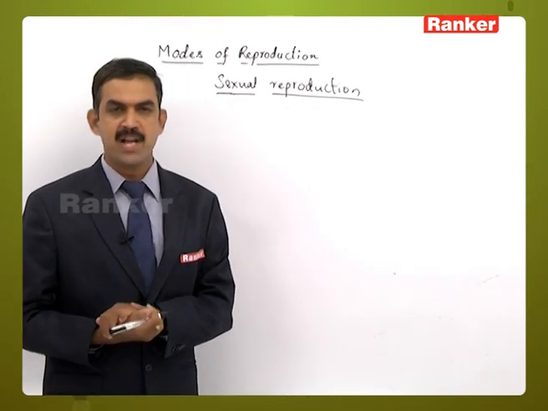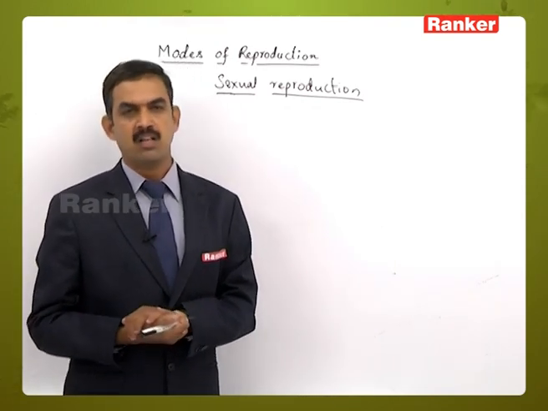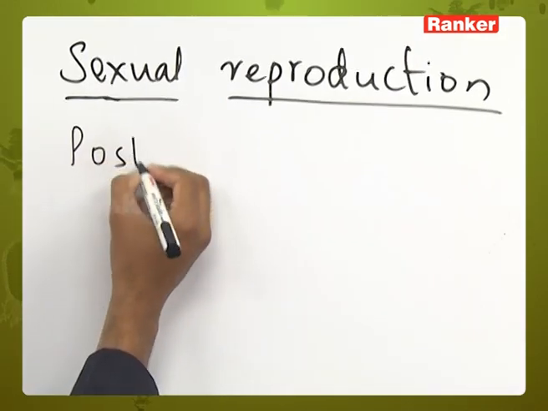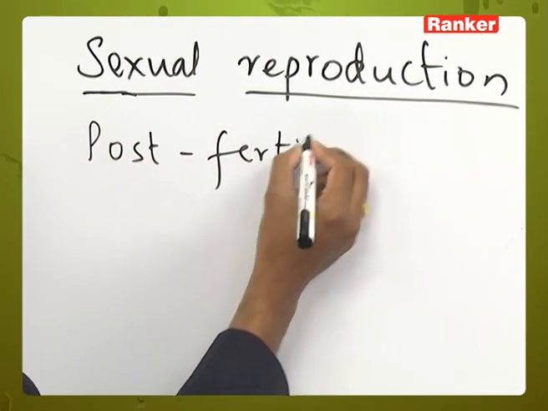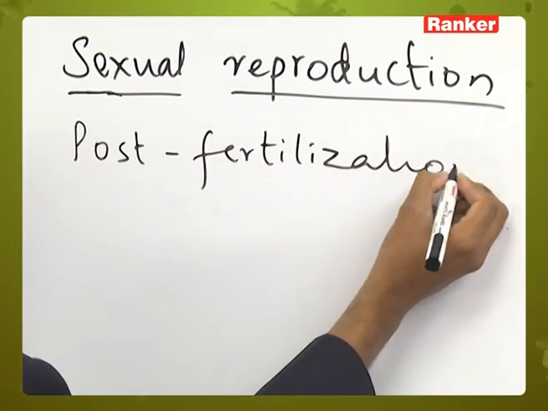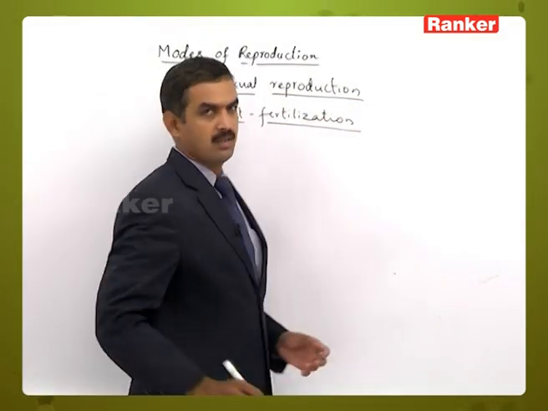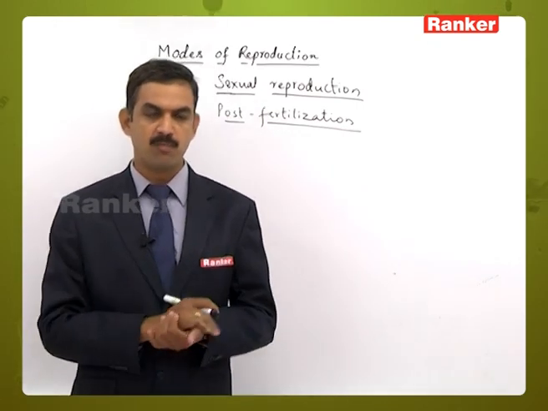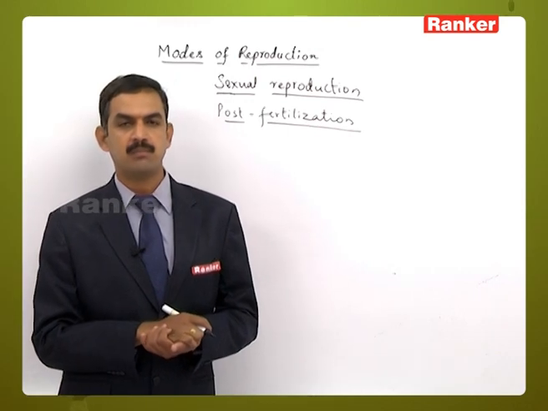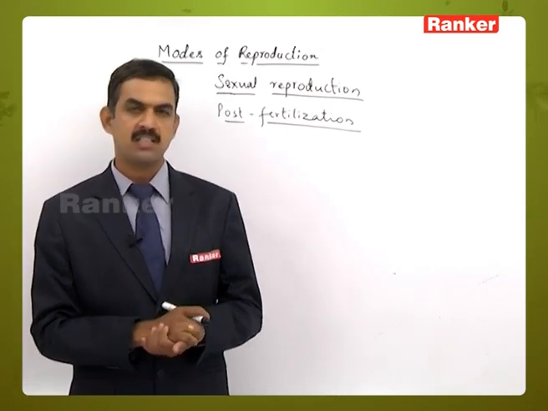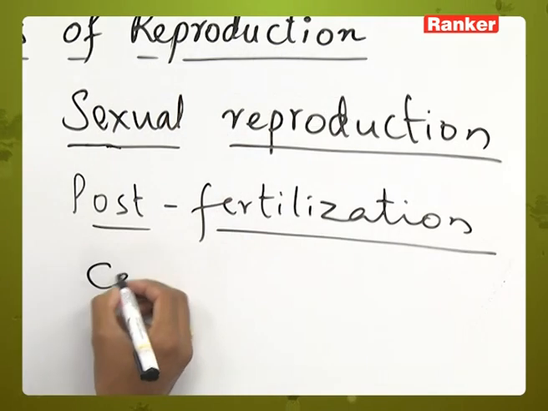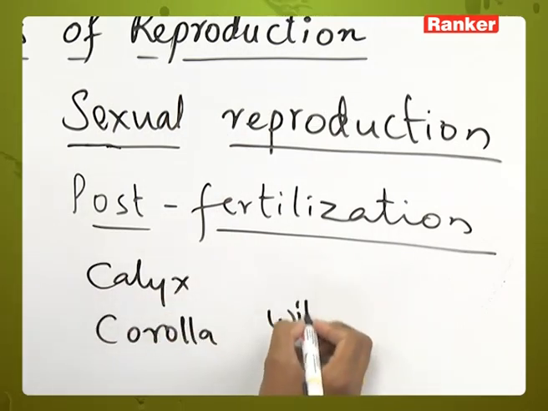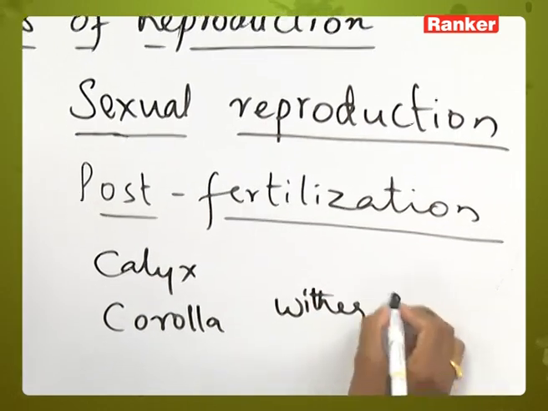After fertilization, many changes occur in the plant and the reproductive structures. Those are studied under post-fertilization changes. In the angiospermic plants or in the phanerogamic plants, the non-essential organs, that is calyx and corolla, will wither and fall off.